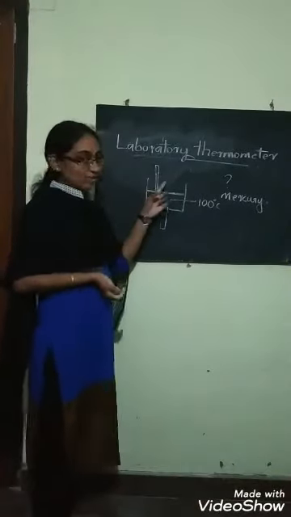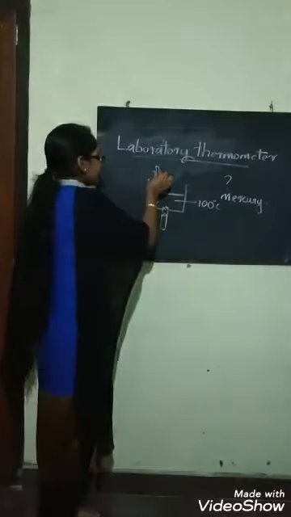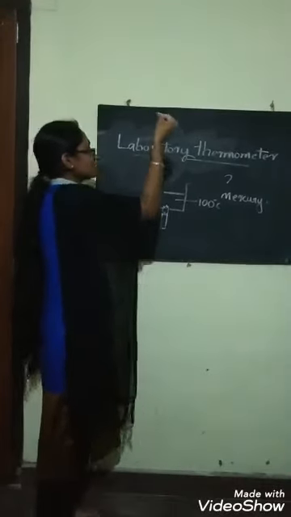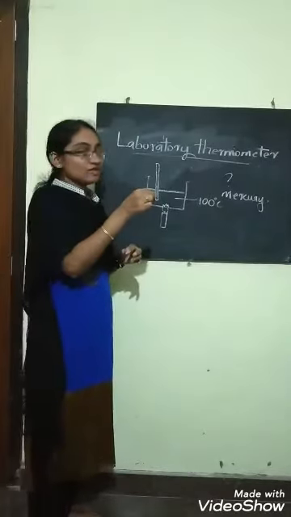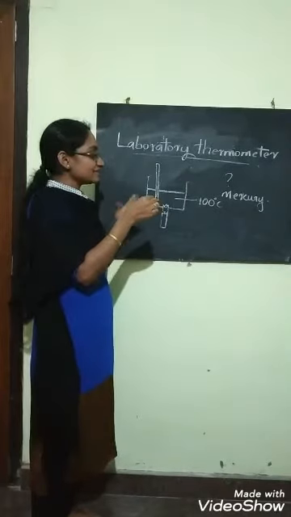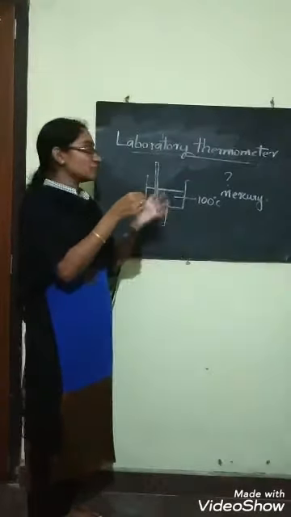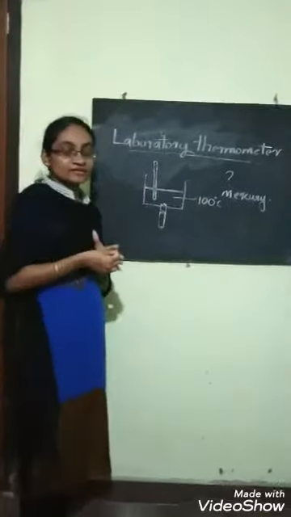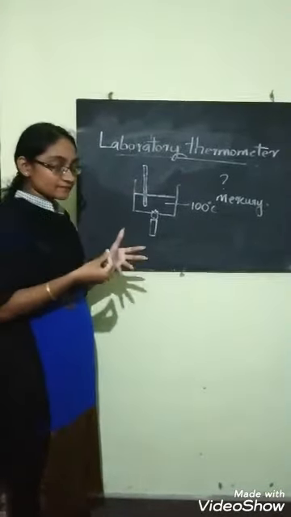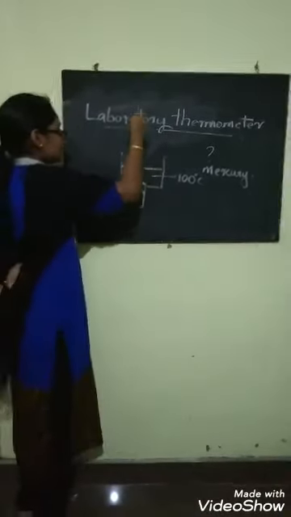This is our thermometer. Now I am taking this thermometer outside this beaker. What happens? Will the reading be the same inside this water and outside? Now I am again putting this thermometer in this water.